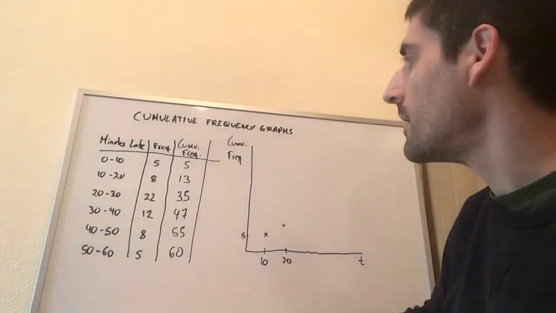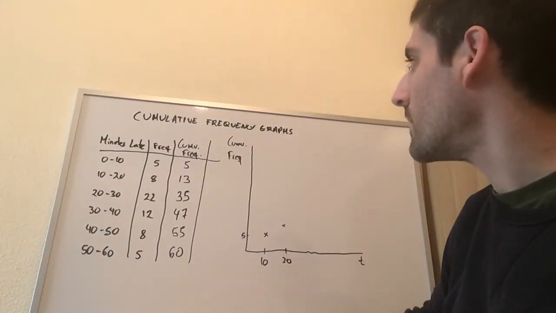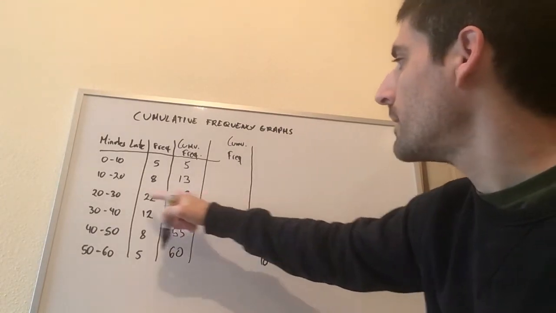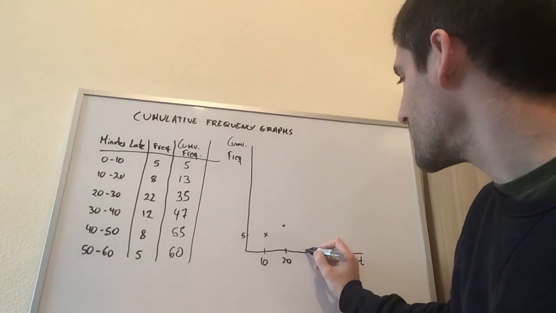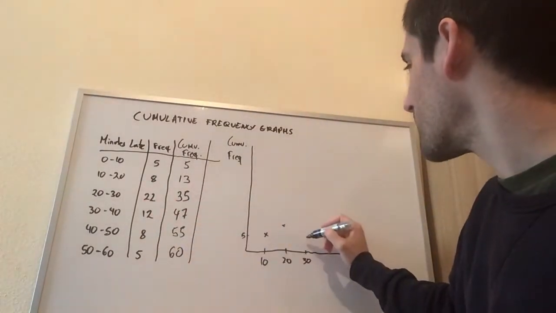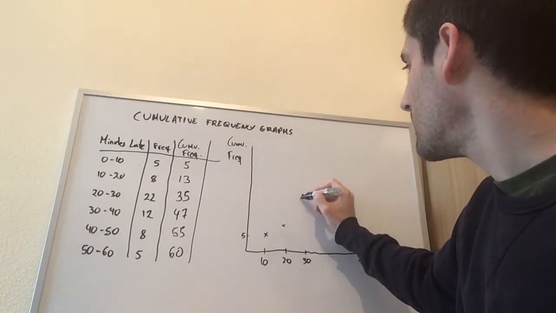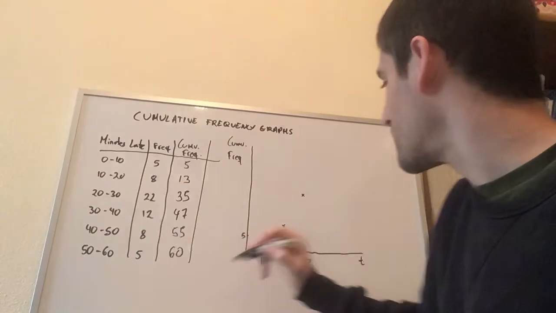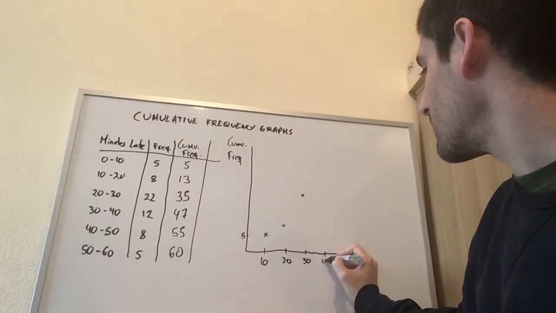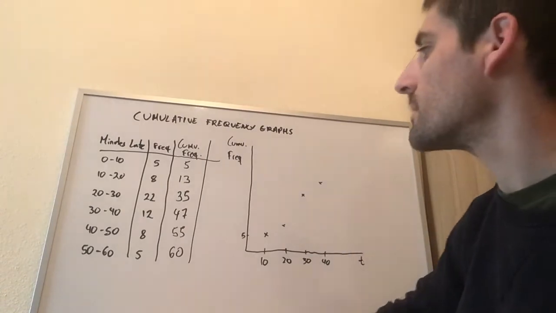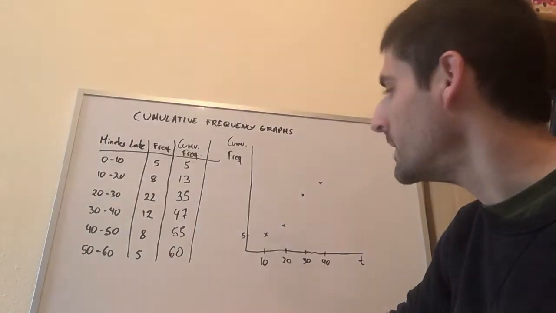8 across. Then I've got 35 up and 30 across. So if 30 is here, I need to go 35 up, so that's going to be a lot higher, so somewhere there. Then it's 47 up, 40 across, maybe somewhere there.